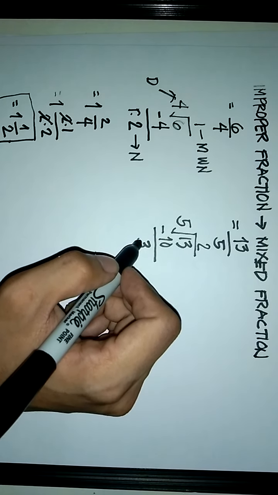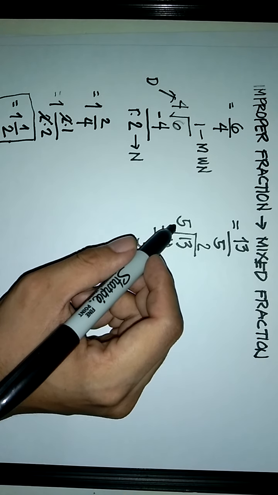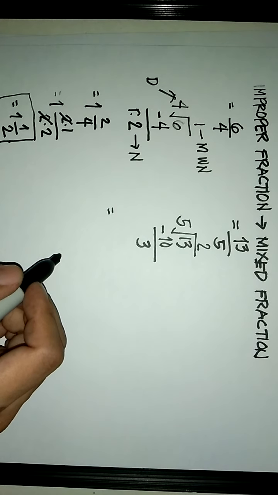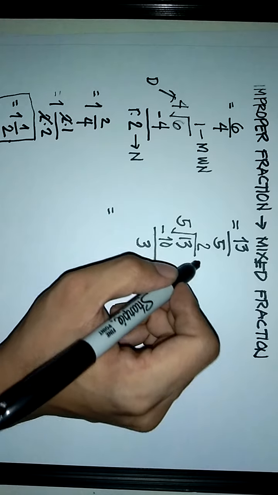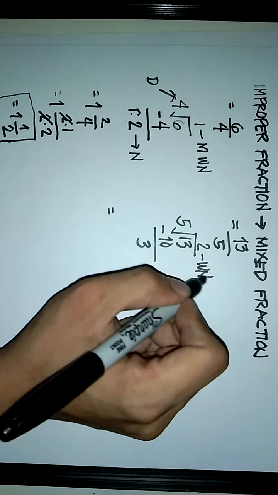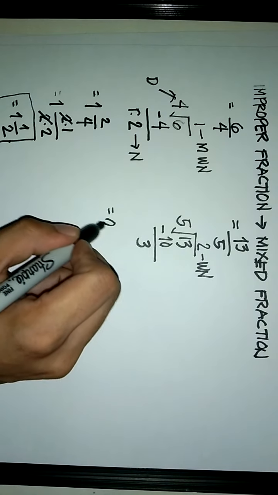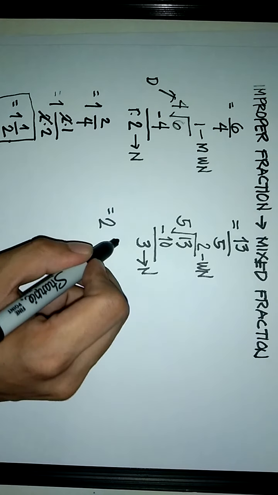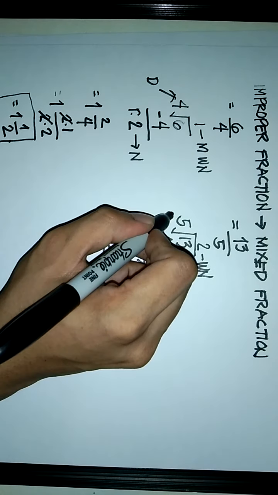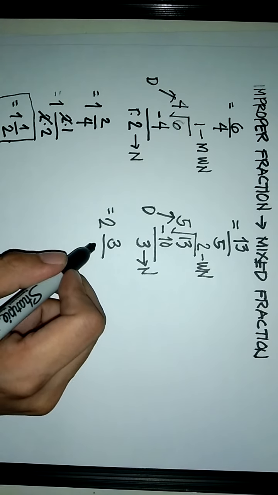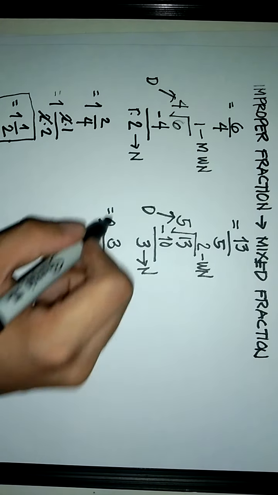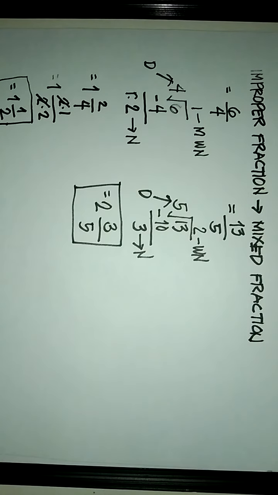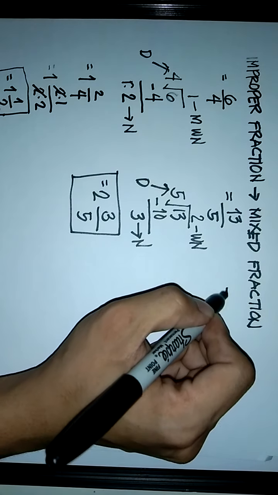Alam na natin yung remainder because 3 cannot be divided by 5. So, we can convert this into mixed fraction. Again, whole number natin is yung sagot, that is 2. And yung numerator natin is yung remainder, which is 3. And then, we have the denominator, which is 5. So, we have 2 and 3/5 as our final answer.